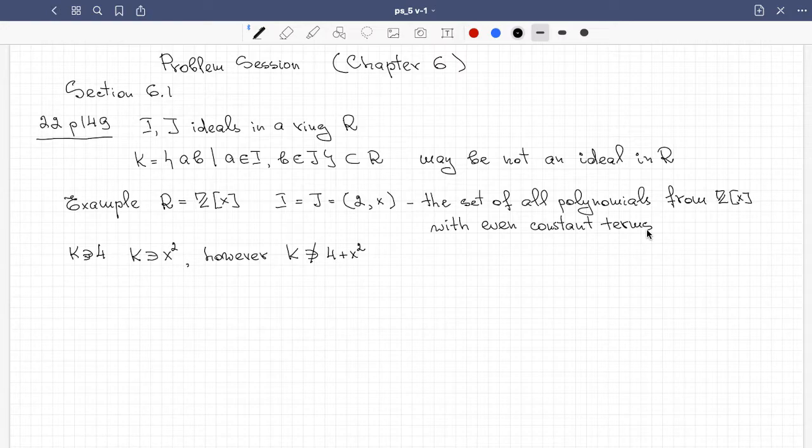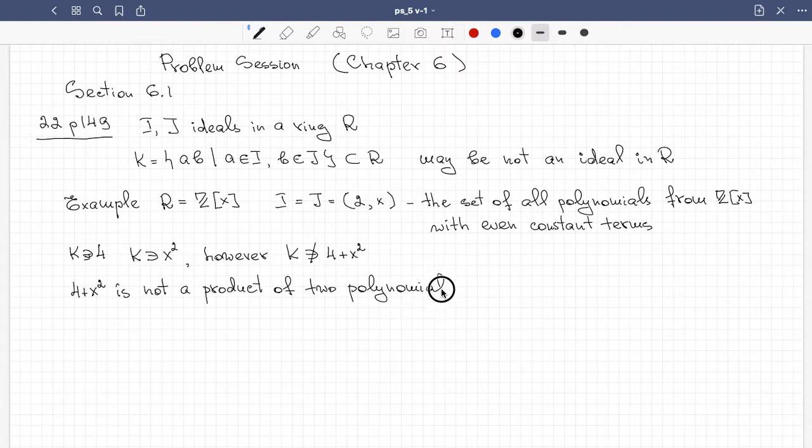That may be justified. So what I want to say is that 4 plus x squared is not a product of two polynomials with integral coefficients and even constant terms.